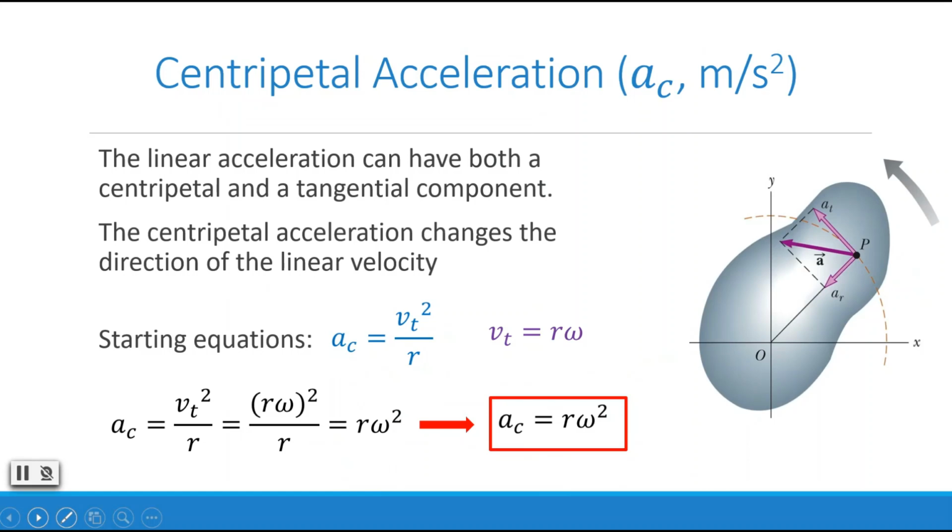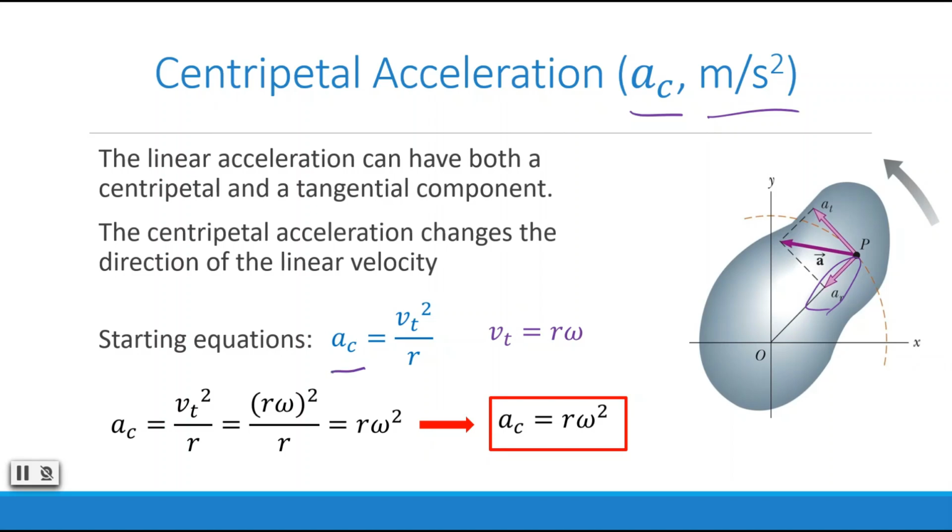Additionally, we talked about centripetal acceleration, so just some reminders here. Centripetal acceleration, a_c, also called radial acceleration, is in meters per second squared. It is the component of the acceleration that points towards the center of the circle that is responsible for changing the direction of the velocity. So if you're going at a constant speed around the circle, then the only acceleration you have is a centripetal acceleration.